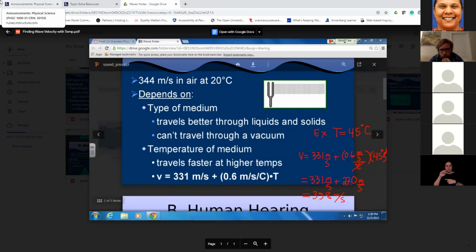It's fairly straightforward, but I always like to work it because I've had students mistake the meters per second per degree Celsius in the formula as variables. And I wanted you to see that those are actually units. T is the only variable in this formula. Any questions?